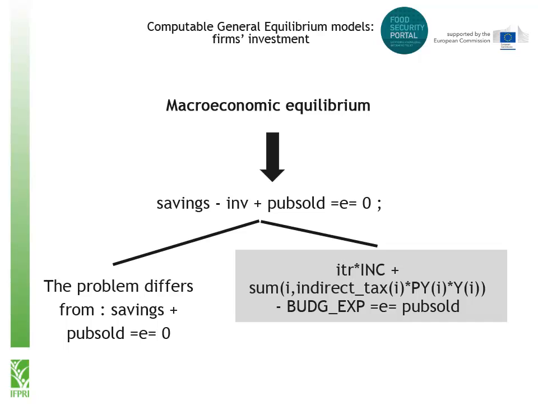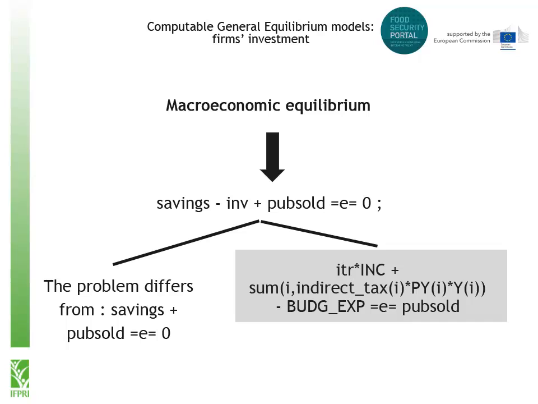Okay, so let's consider the public budget constraint. The public budget constraint is very simple. Public sold is equal to revenues minus public expenses. So we've got revenues from direct taxation, ITR times INC, and revenues from indirect taxation, that is to say, the indirect tax rate applied in each sector. And public expenses are called BUDG_EXP.